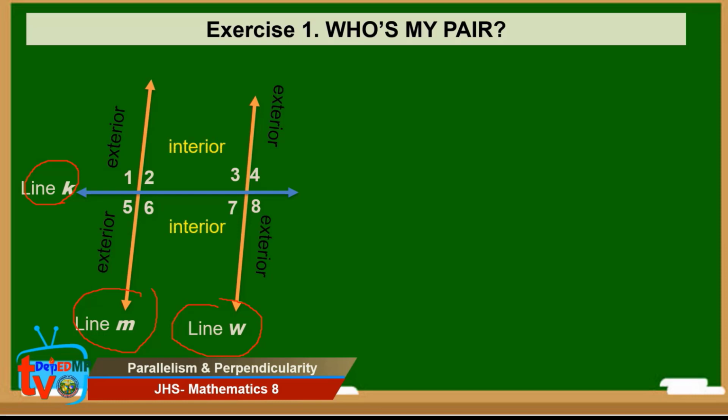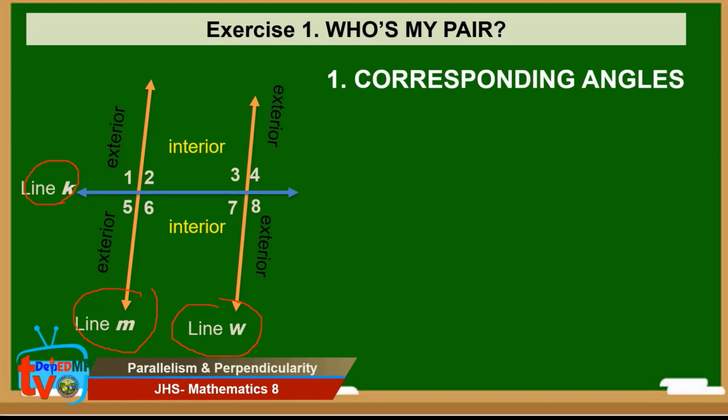Let's label them. Now, let's name all the different pairs of angles which we have discussed earlier. Number 1, corresponding angles. Again, this is a pair of one interior and one exterior located on the same side of the transversal. So, in the figure, what's the pair of angle 1?